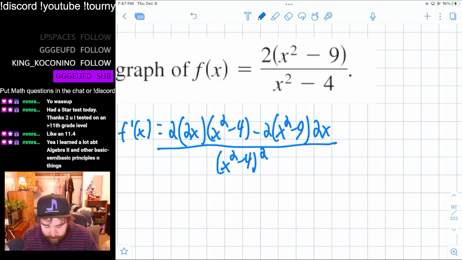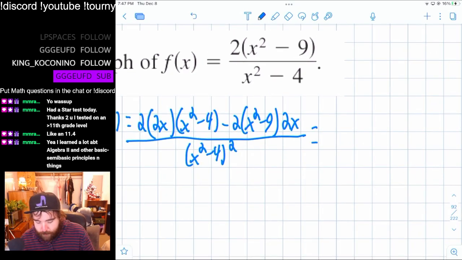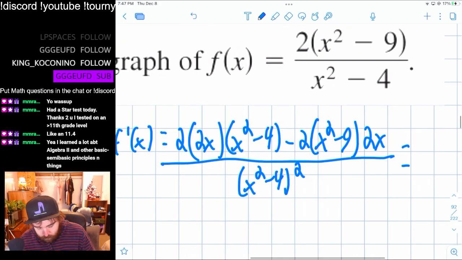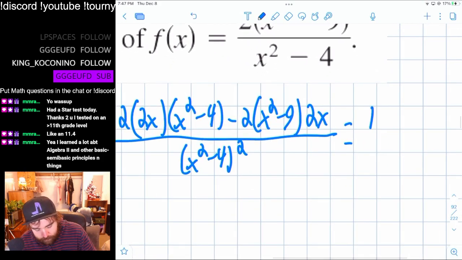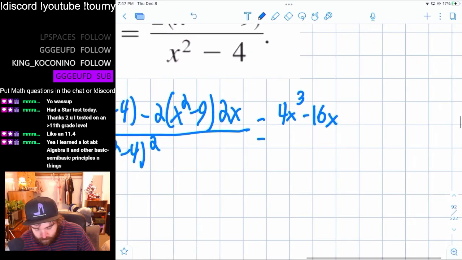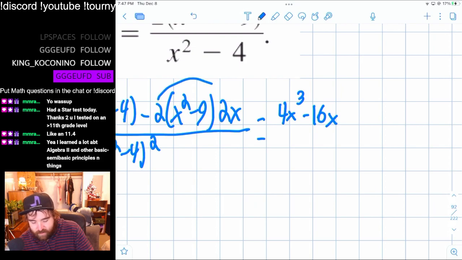So I guess I need to combine like terms on the top. So 4x cubed minus 16x. Same over here, so this is a minus 4x, so that is kind of nice then. That's minus 4x cubed.